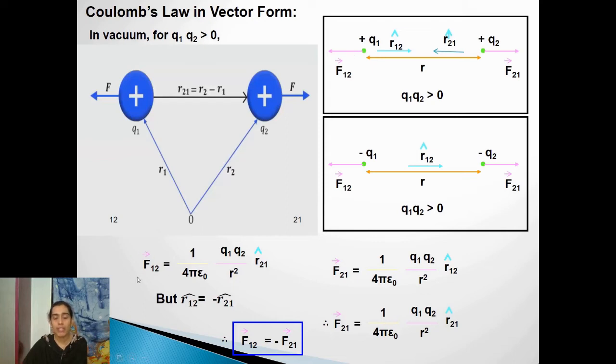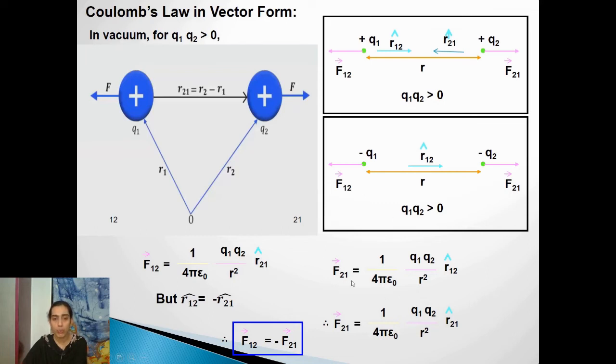And as you can see, I have denoted this force in vector form by writing an arrow mark above the letter. That is how usually you have to use the vector notation. Similarly, the force which is exerted on the charge 2 due to the charge 1 will be given by this equation.